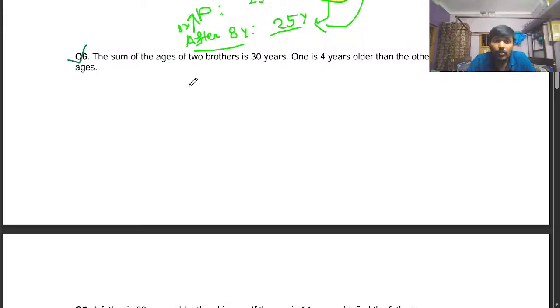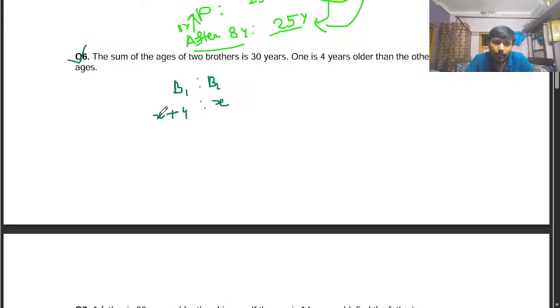So if we say brother 1 is to brother 2. If brother 2 is X, then brother 1 is 4 years older than the other, that is X plus 4.